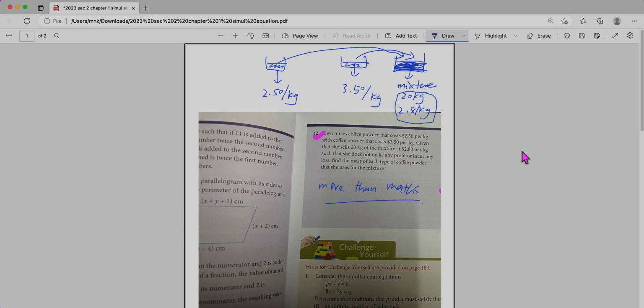So what's the cost? 2.8 times 20, that's going to give you 56. You can use your calculator to double check for me. I think you should get $56.